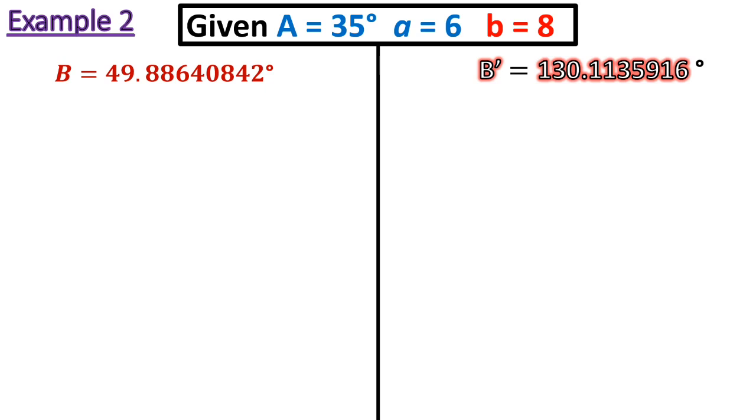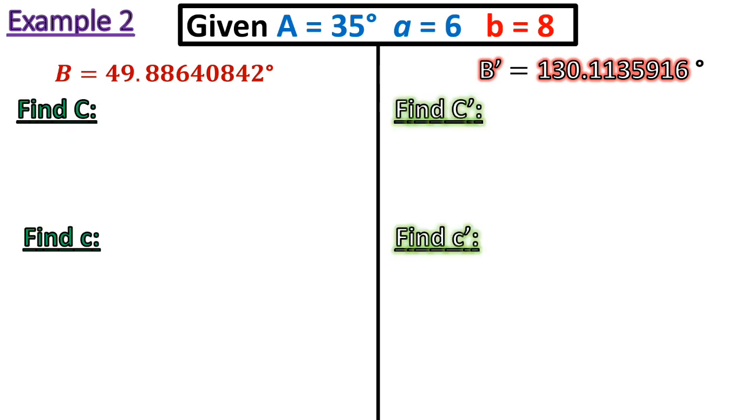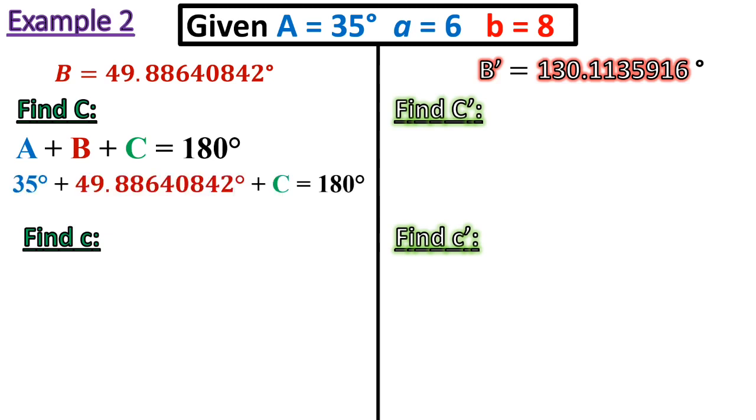In both instances, you will use the given information. To find angle C, I will use the fact that all triangles add up to 180 degrees. Substituting the given angle A and angle B, I get C alone by subtracting those angles, and C is about 95.1 degrees.